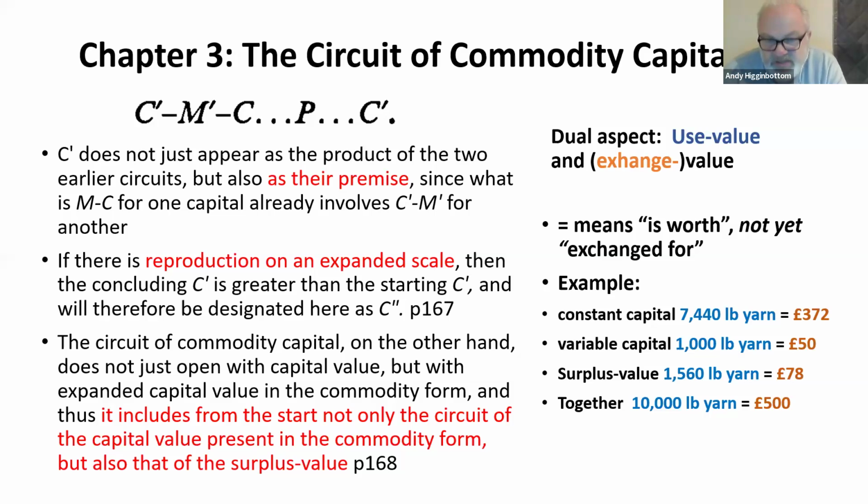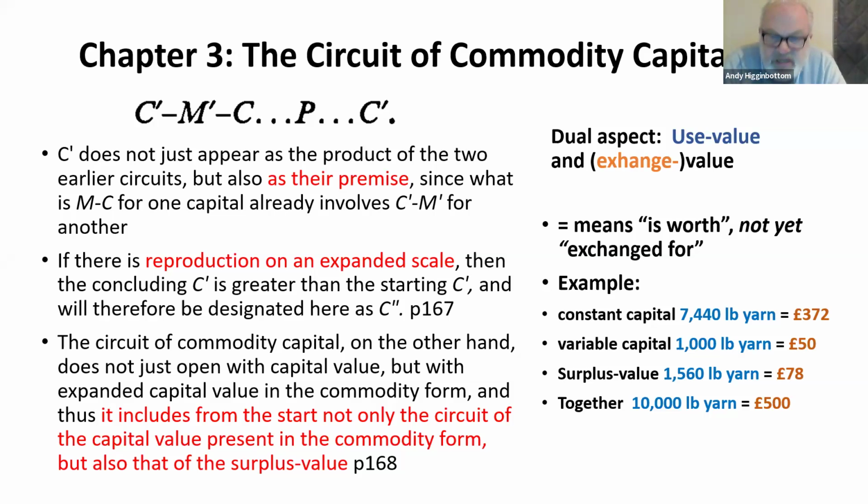Now, in the text here, when you come to commodity capital, he's using the equal sign in exactly the same distinctive way that he did at the beginning of volume 1. This is another notation point, but it is a really important one because it can lead to very big misunderstandings if you don't get it right.